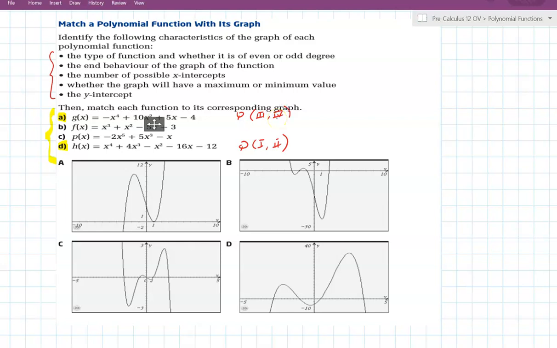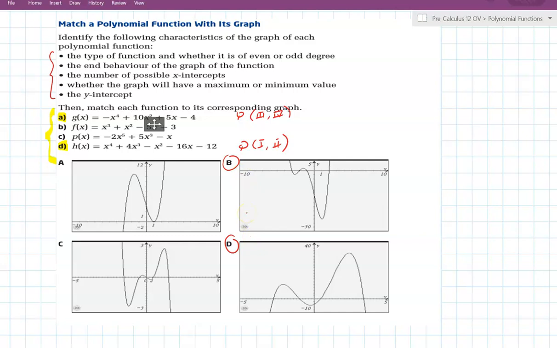Look at the possible curvature changes too. Remember, they could have up to 3, since n minus 1 is the number of curvature changes. So in this case, B and D are the 2 possibilities, and we have to figure out which is which.